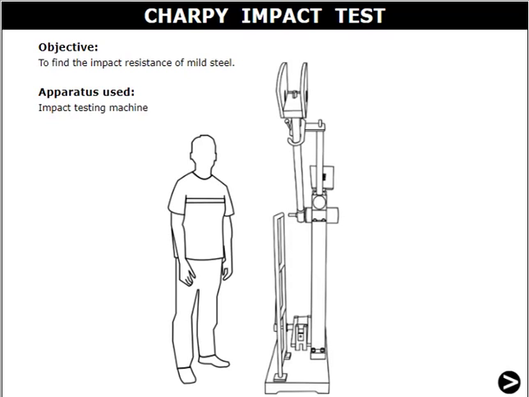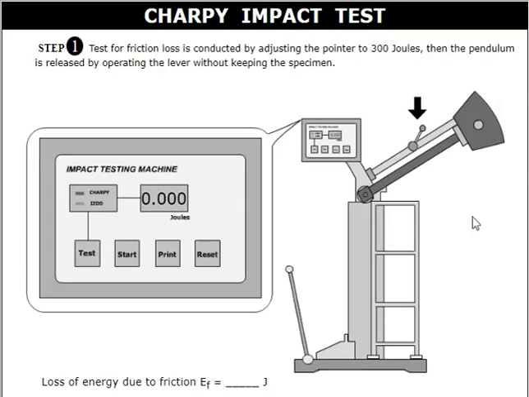The testing machine you observe in the figure is called an impact testing machine, and the operator is there to perform this test. Our first step is the test for friction loss, conducted by adjusting the pointer to 300 joules. Then the pendulum is released by operating the lever without keeping the specimen.